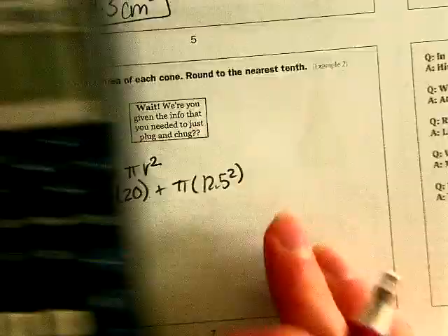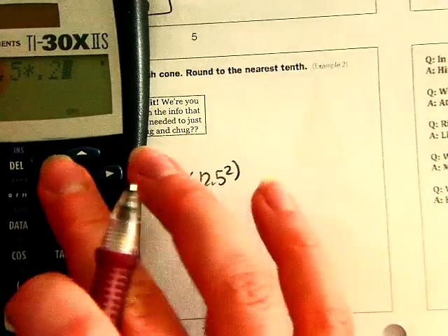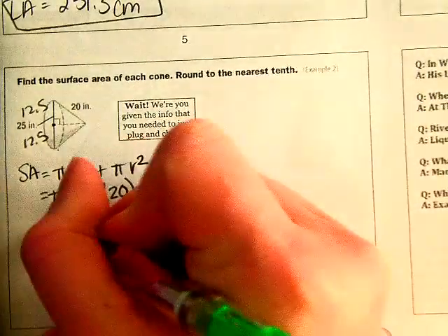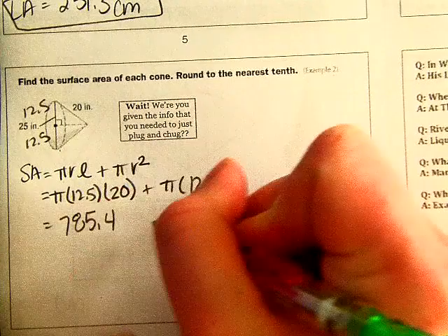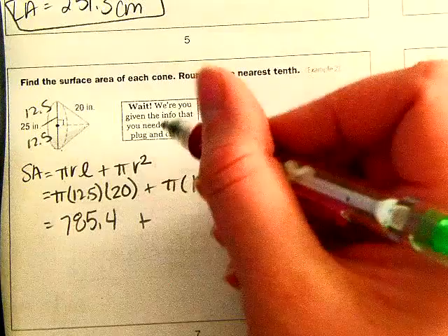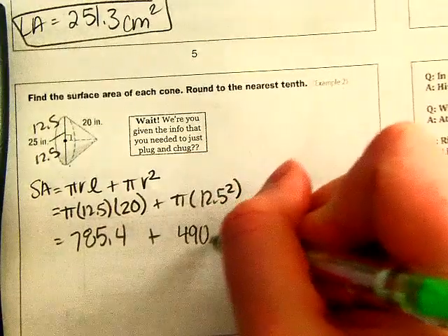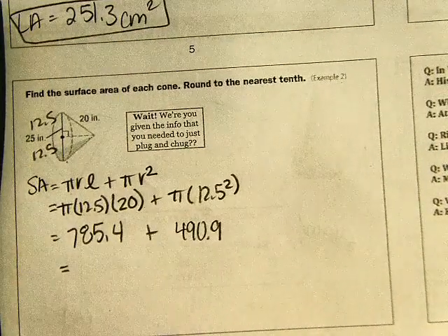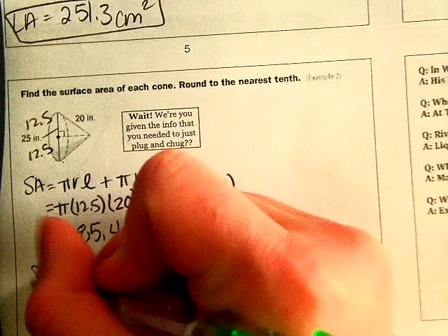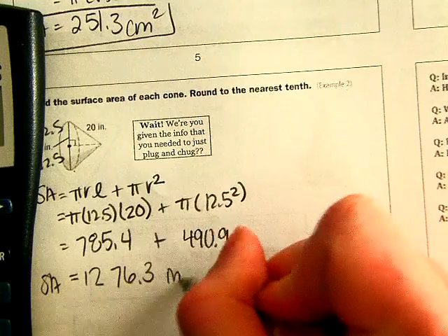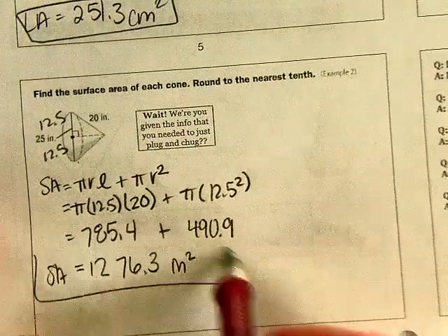Pi times 12.5 times 20 is 785.4, that's a large number, plus 12.5 squared pi, 490.9, and we add those together: 1,276.3 inches squared.